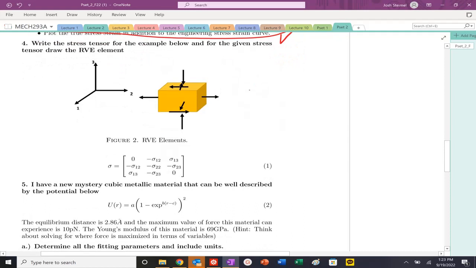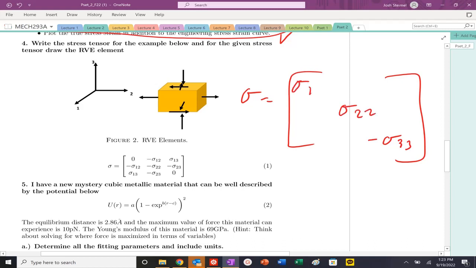Excellent. So write the stress tensor for the example below. We can see here that I have my sigma 3,3, that's compressive, negative. Got that. Sigma 2,2 is positive. Sigma 1,1 maybe, but we'll come back to that. So my normal is in the 3 direction, pointing in the negative 2 direction, so that's minus sigma 2,3.